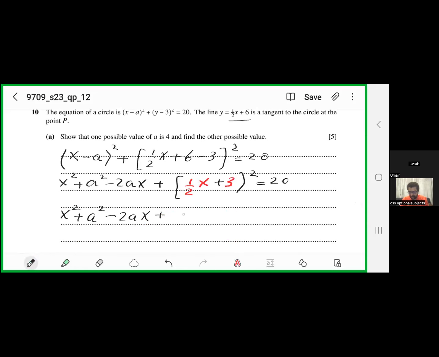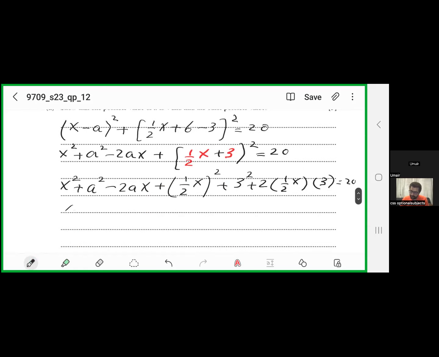So a square is 1 by 2x whole square plus b square plus 2ab is equal to 20. So x square plus a square minus 2ax plus x square by 2 plus 9 plus 3x is equal to 20.